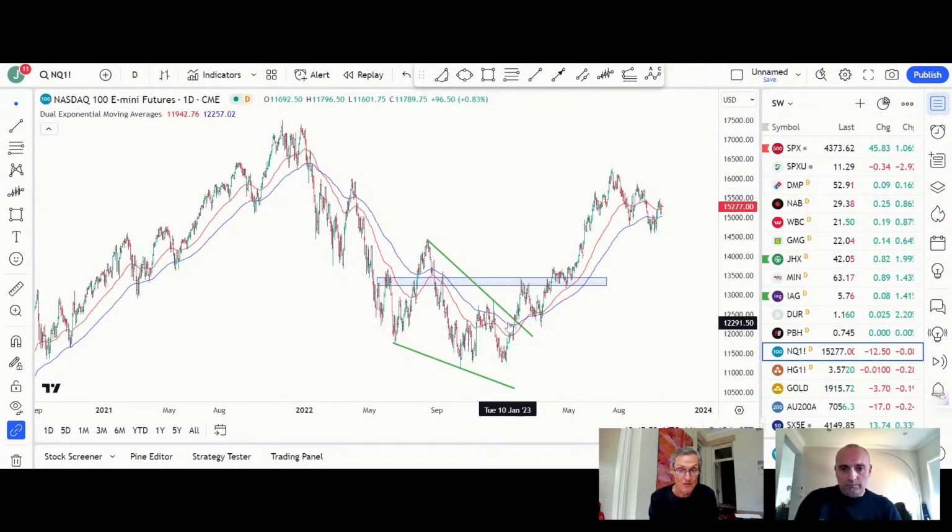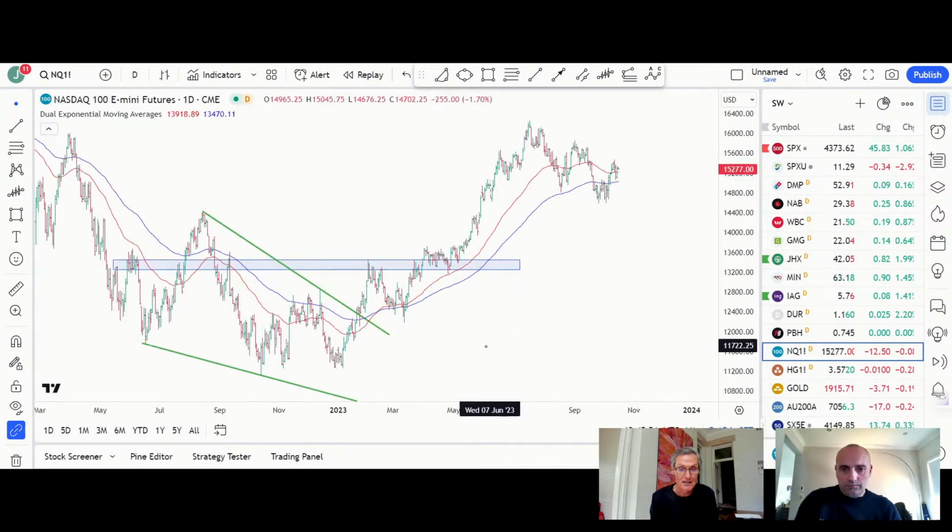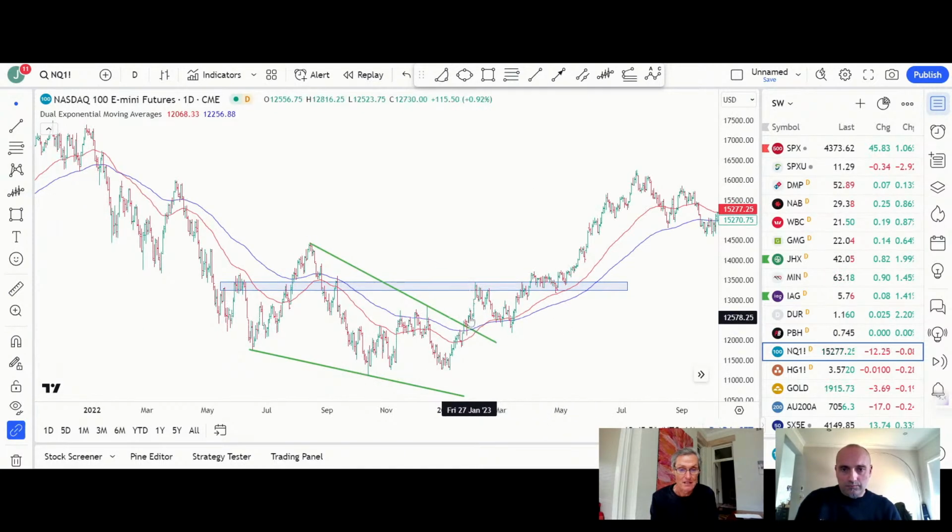The trigger point for the pattern is when you get a breakout above the declining outer boundary. That's the break. Had a run, pull back, had that return move we spoke about earlier, return move to the breakout point, and then it's run. So this was all happening around that October low.